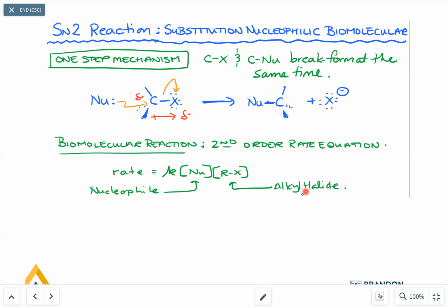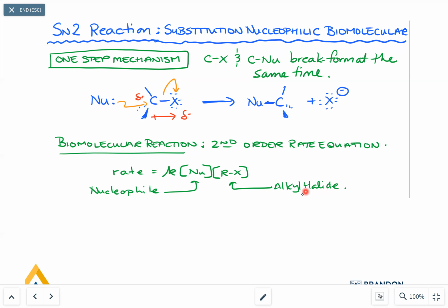So we can visualize this. There are two possible ways of looking at this. The nucleophile could come in and attack the carbon on the opposite side of the leaving group, and it could leave. Or the nucleophile could come in and attack the carbon on the same side as the leaving group, and it could leave. I think intuitively, we would say to ourselves, I know which one is taking place, but we have to prove this experimentally, right?